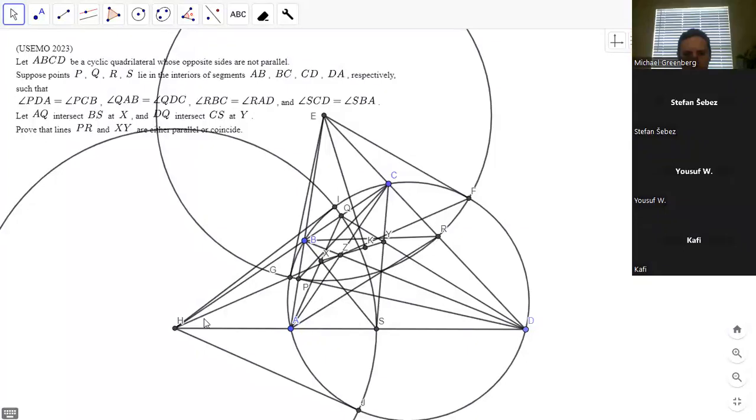So HSQ minus HSB is equal to angle SQH minus angle SBC.